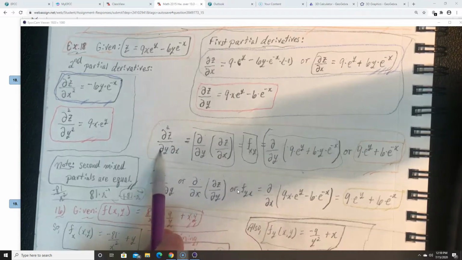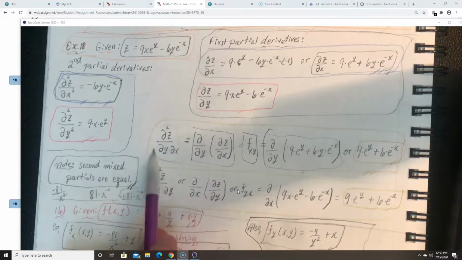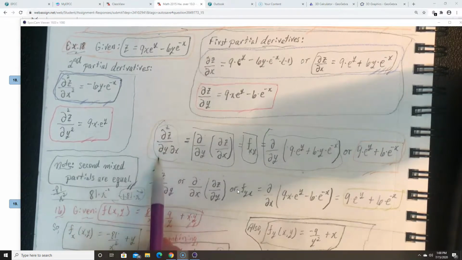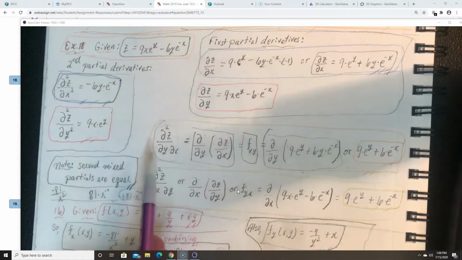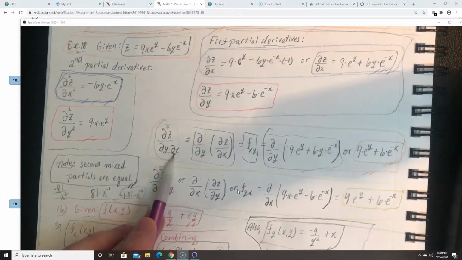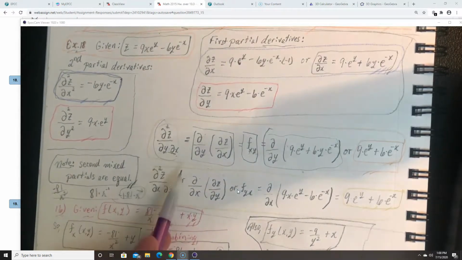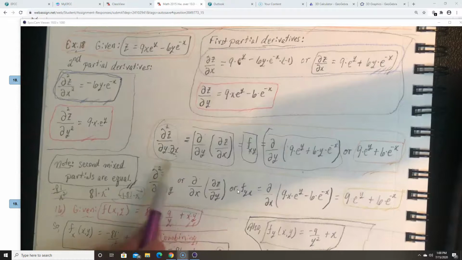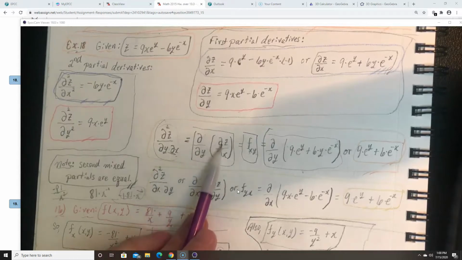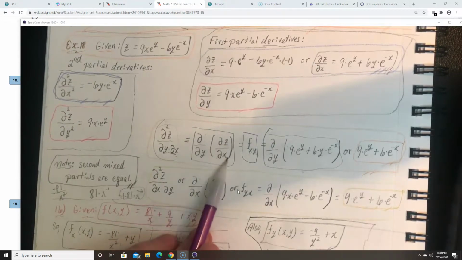But if it's written this way, the second partial derivative of z partially with respect to y, partially with respect to x, then you start from this one. And then you do this one. So this means first partially differentiate z with respect to x.